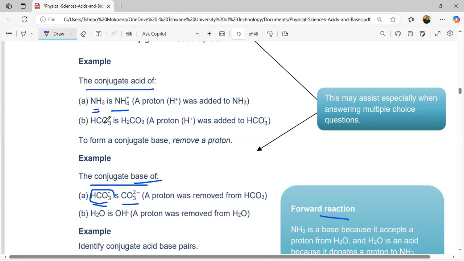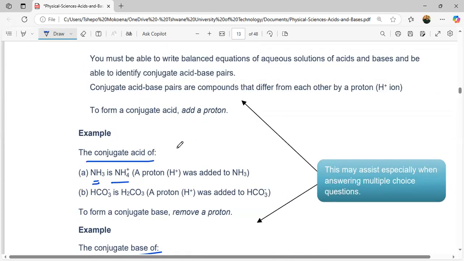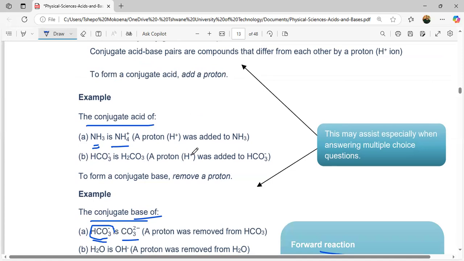Be careful on how to use these terminologies, because sometimes they can throw you off. Then you don't even understand what the question is looking for. So this assists especially when answering multiple choice questions. So be careful.